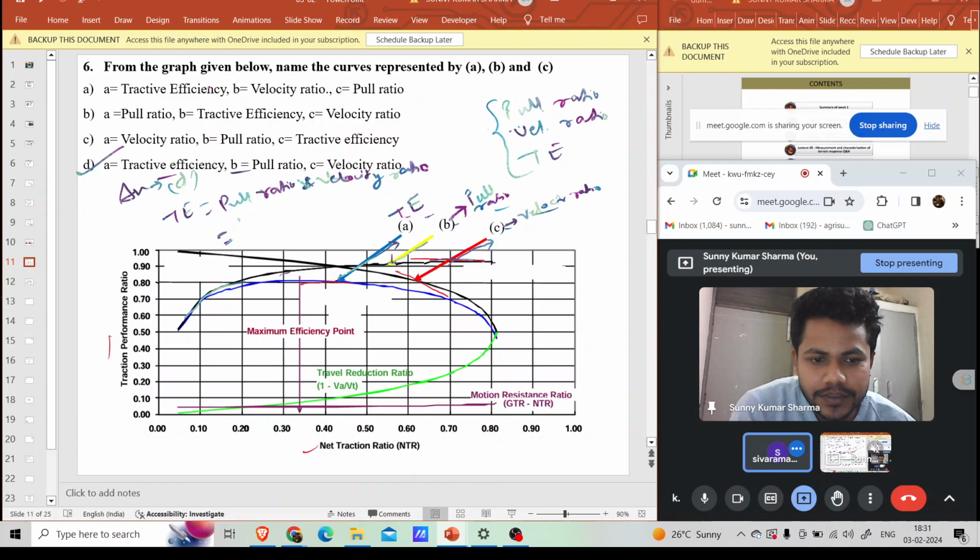Pull ratio is the pull developed by the wheel divided by the thrust developed by the wheel. And what is velocity ratio? Velocity ratio is nothing but actual velocity over theoretical velocity.